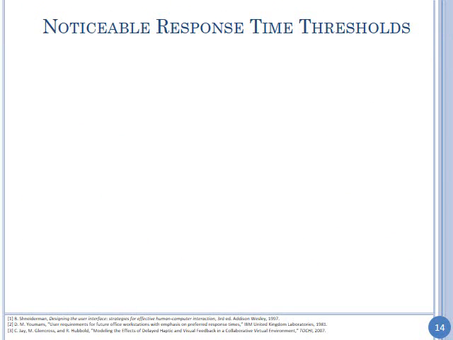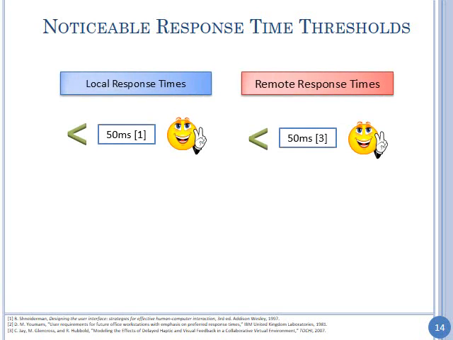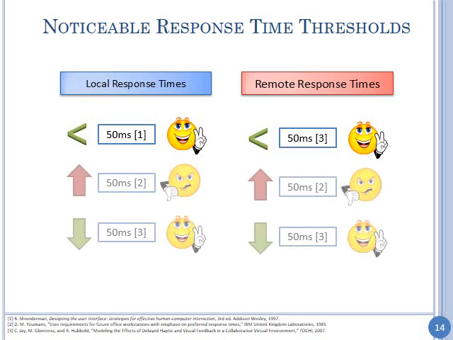Previous research has shown that there are indeed some response time differences that are noticeable. First of all, local or remote response times below 50 milliseconds are not really distinguishable to users, but increments and decrements of 50 milliseconds for both local and remote response times are noticeable. So we created a policy that uses these psychology results to schedule a task in a slightly different manner.